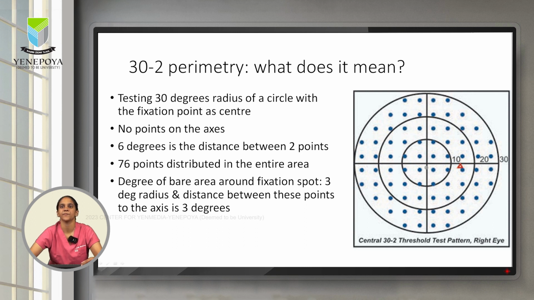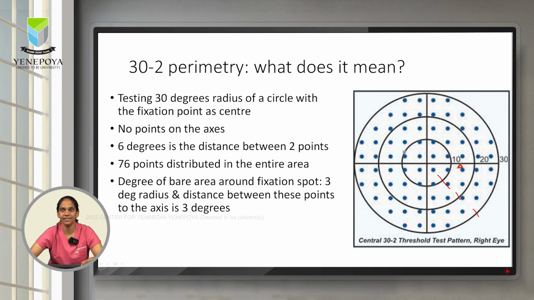Okay, fine. So each of these circles will represent 10 degrees. This is 10 degrees, this circle is 20 degrees and this circle is at 30 degrees. Okay, if you note, there are no points on the axis, right?